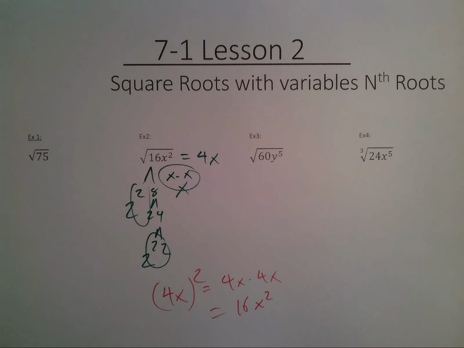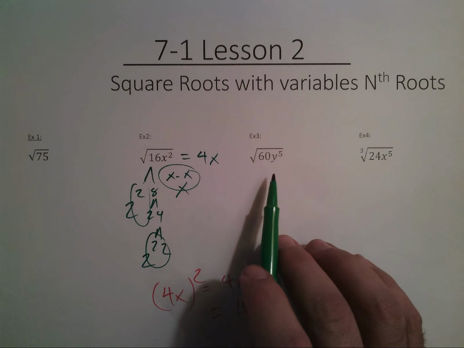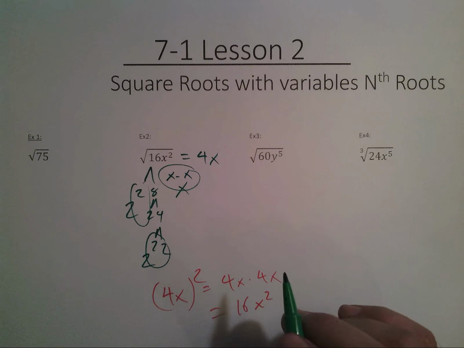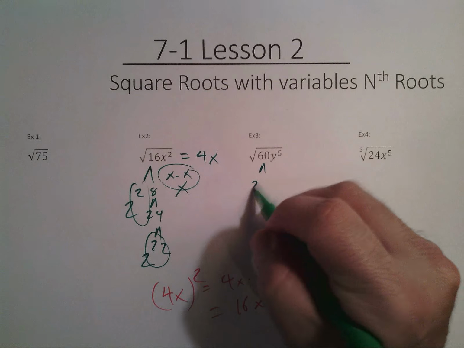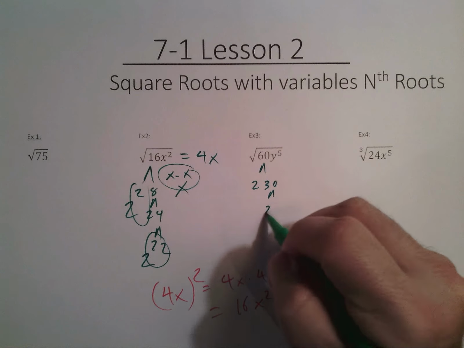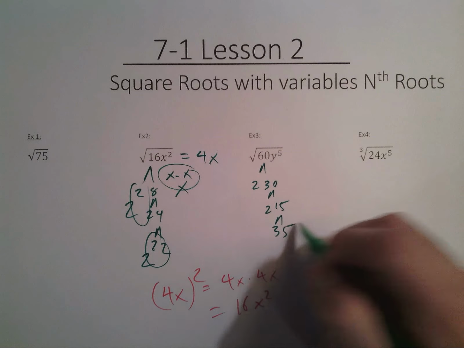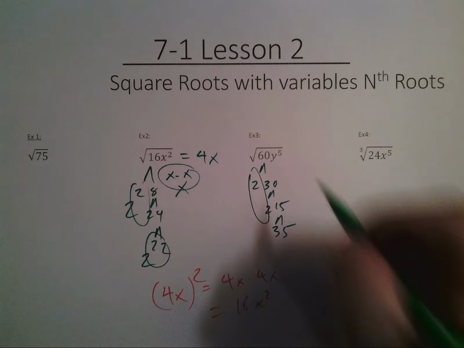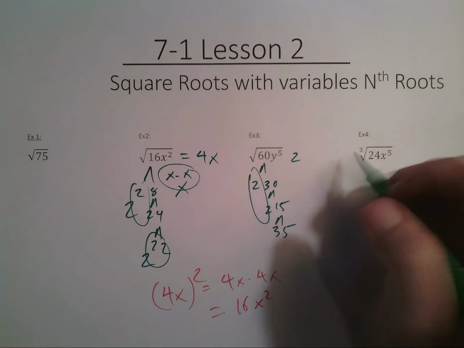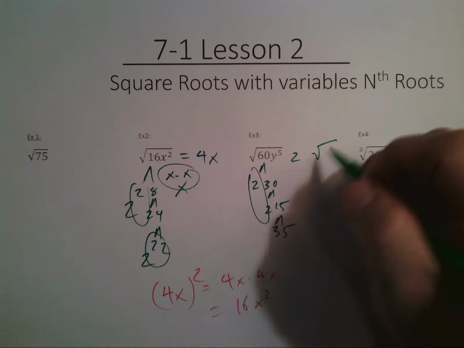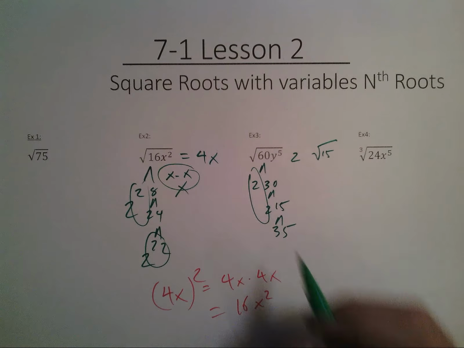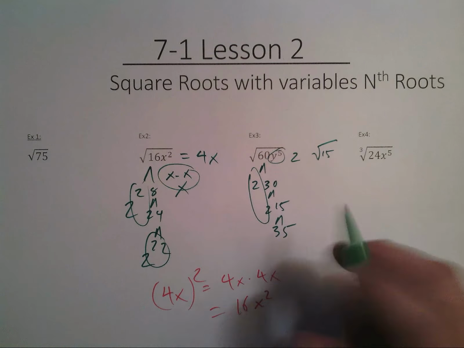Alright, let's do another one. Let's do 60y to the 5th, and we're going to square root it. So I'm going to look at the number first, which is 60. That's 2 times 30, 2 times 15, 3 times 5, circle the groups of 2. I pull out a 2, and I'm going to leave behind 3 times 5. Now let's look at the next thing, which is the y's. I have 5 y's.